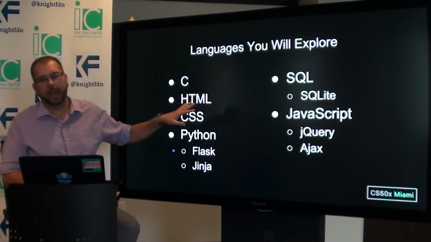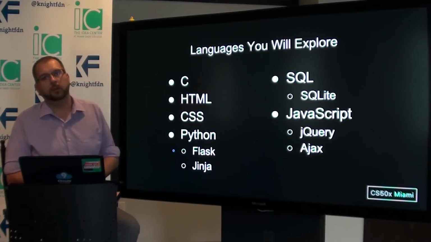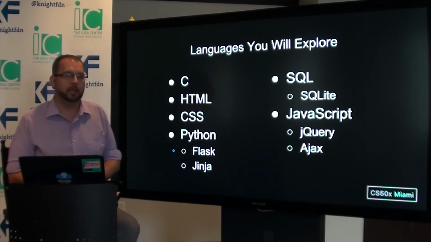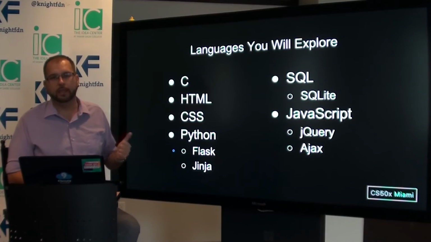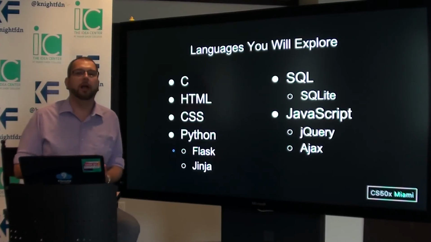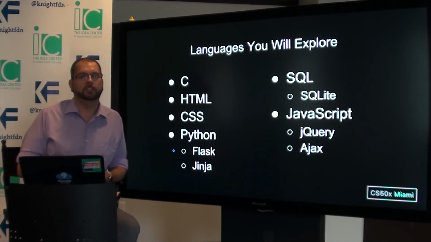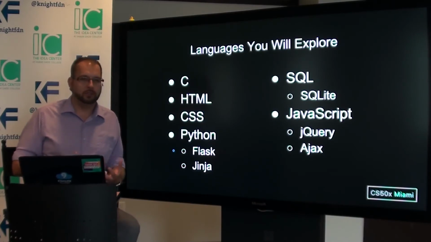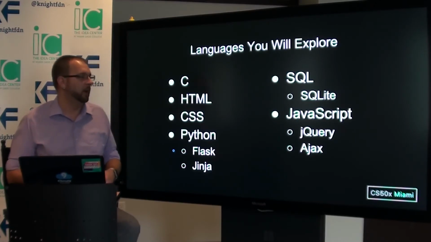We'll also be looking at SQL, which is our language that allows us to interact with database systems. And while we'll be using SQLite as our database system, you can apply your knowledge of SQL to pretty much any other database system. We'll also be looking at JavaScript, which allows us to do a little bit more front-end development in web design.